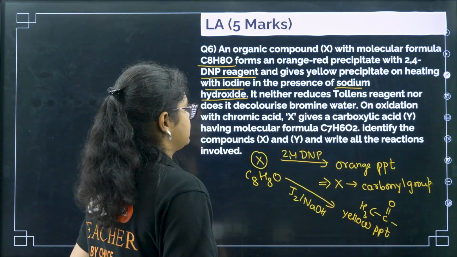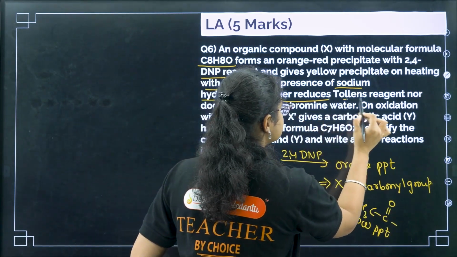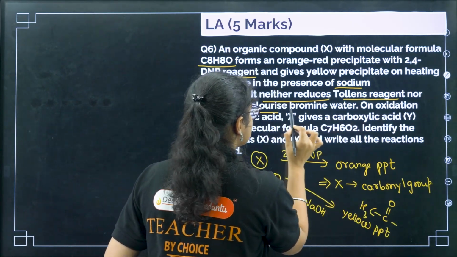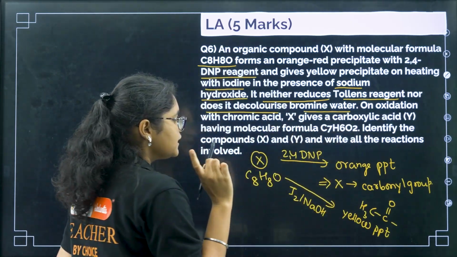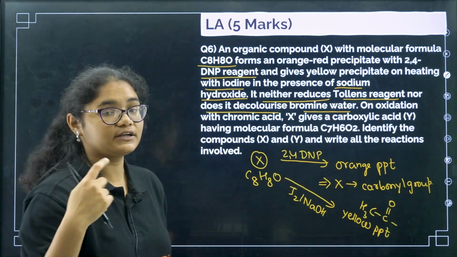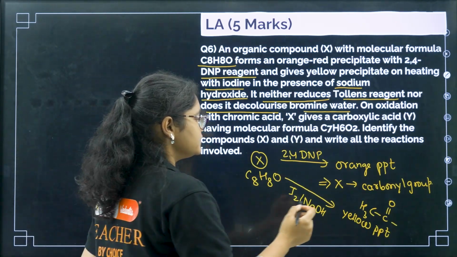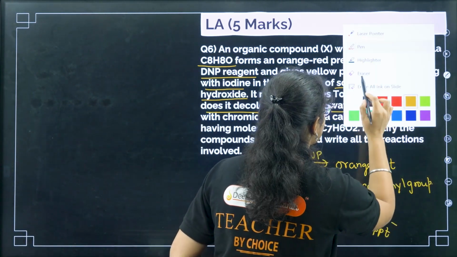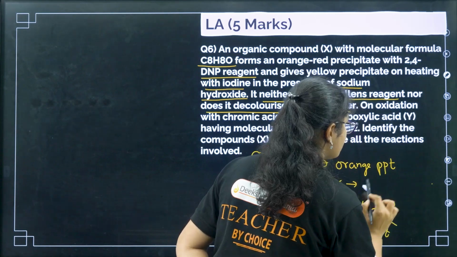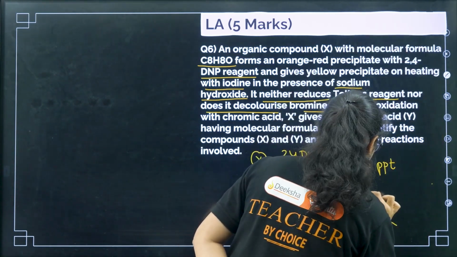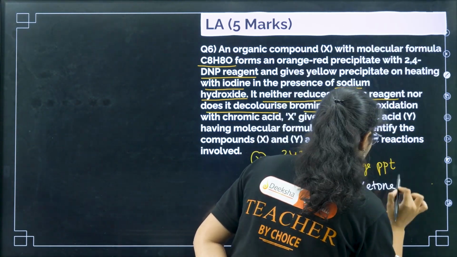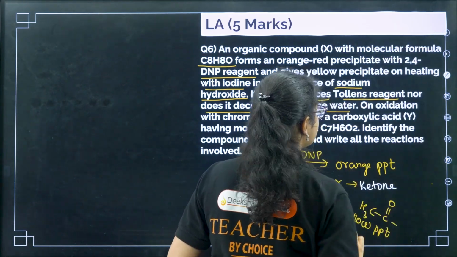Next, it neither reduces Tollens reagent nor decolorizes bromine water. It is not reducing Tollens reagent, so we are now confirmed that it is a ketone group, because a ketone does not react with Tollens reagent, right?